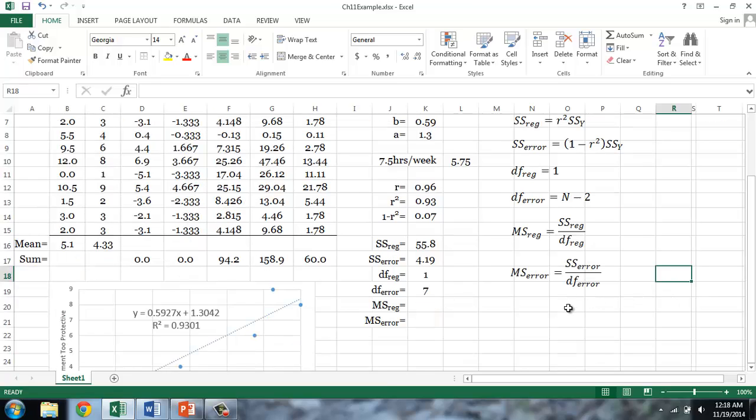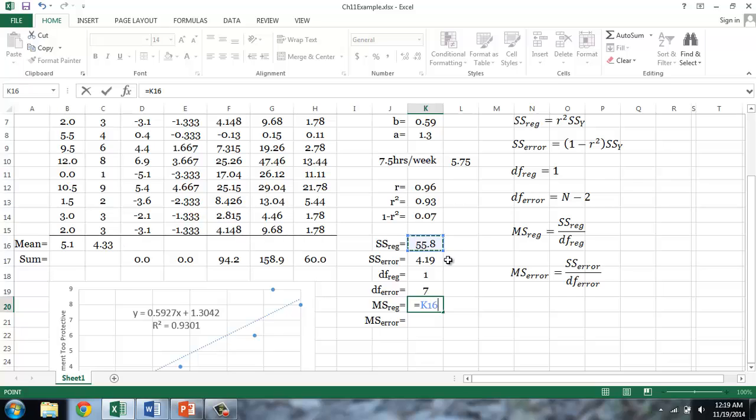Just as with the analysis of variance, the next step is to calculate our mean squares, which are simply our sum of squares divided by their respective degrees of freedom. So our regression mean squares is equal to our sum of squares, or 55.8, divided by our degrees of freedom, or 1.